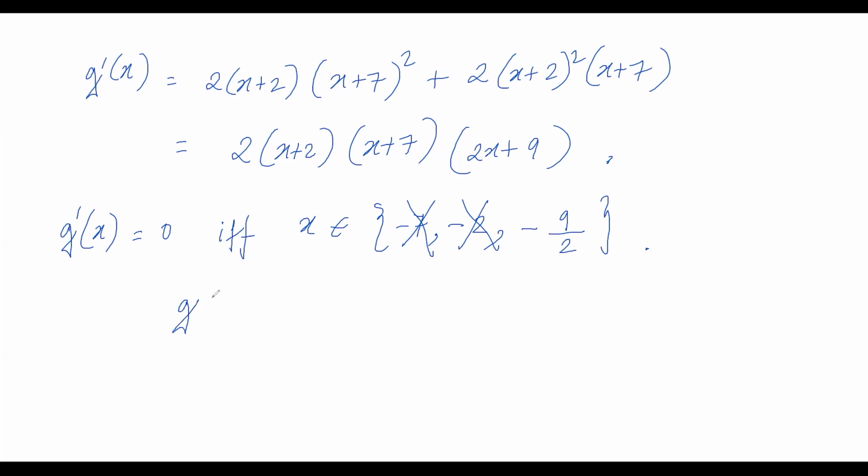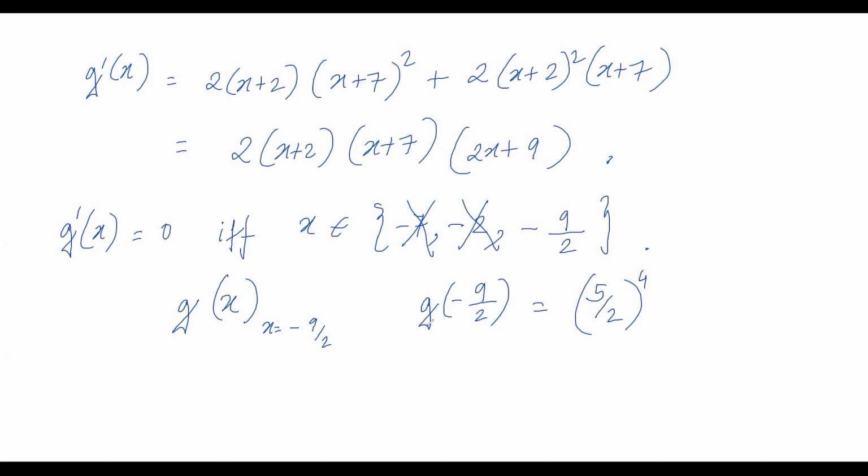So then we should go for minus 9 over 2. And let's check what g of x takes at x equals minus 9 over 2. So g of minus 9 over 2 is equal to 5 over 2 whole to the power 4.